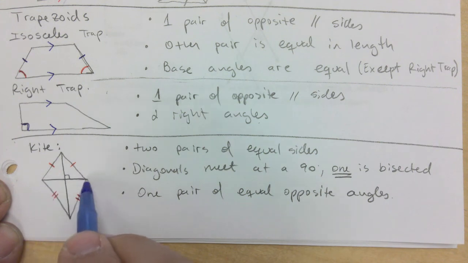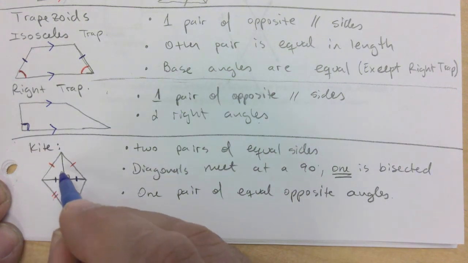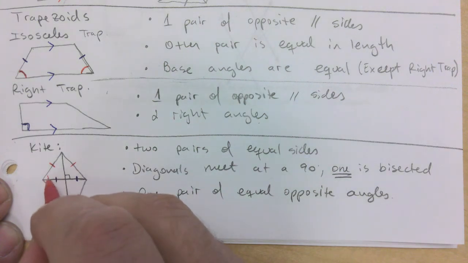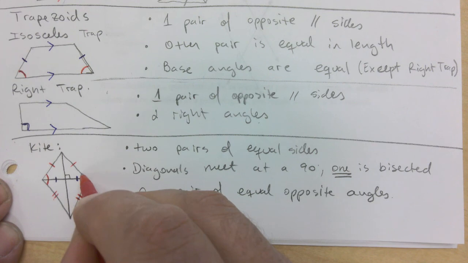It's only this one here that is bisected. This one is not bisected. There's a longer stretch and there's a shorter stretch. And there's one pair of opposite angles that is the same. So it's this one here, this one here.